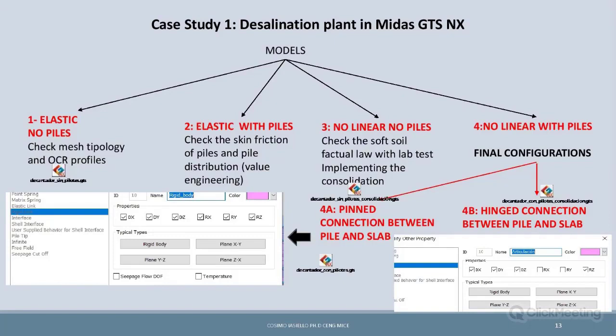This is the final configuration where all these calculations are implemented, with a pinned connection between pile and slab, and a rigid connection between pile and slab.